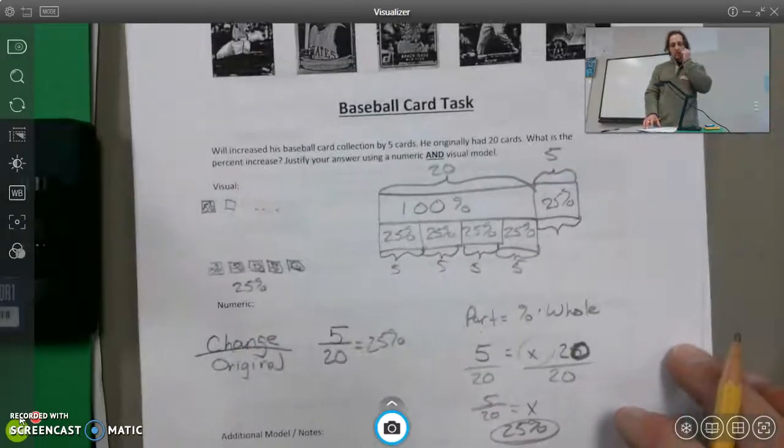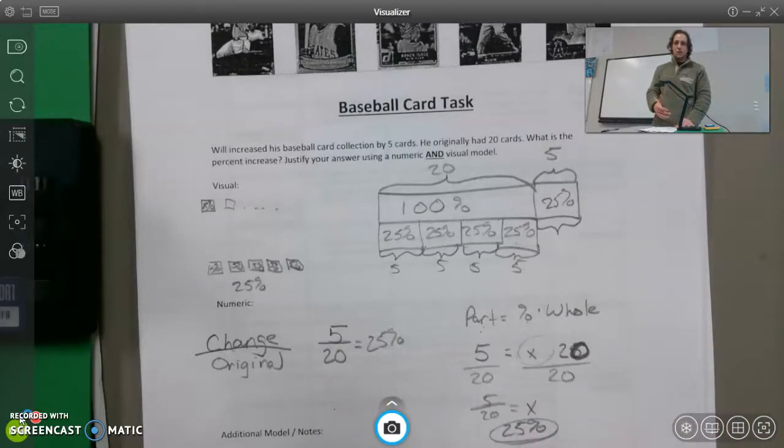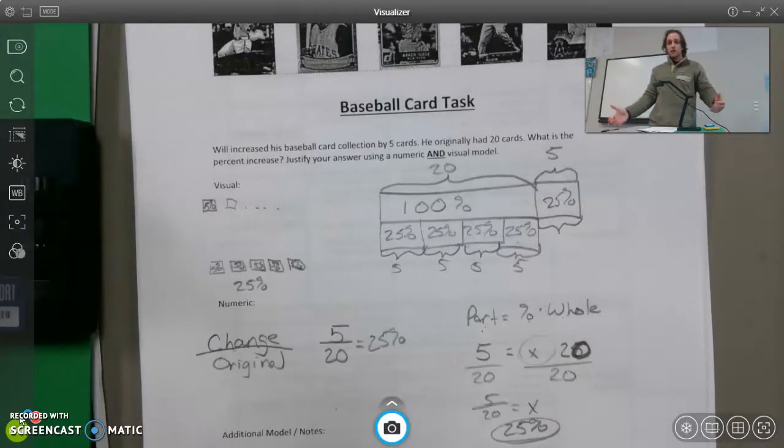One of the misconceptions a lot of students have is that they try to put the largest number, so in this case they may use 25 cards, the new amount after he got the new cards added in. They want to put the biggest number as the denominator. That is not true. When we talk about percent of change, the original amount that the person begins with is always the denominator. Whatever the scenario is, the denominator is always the original amount.